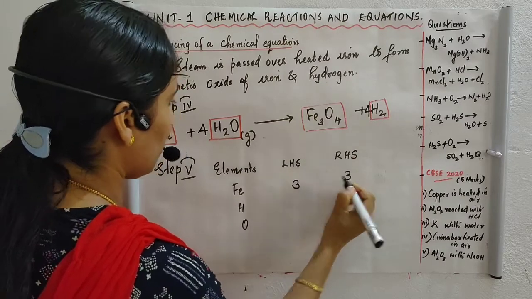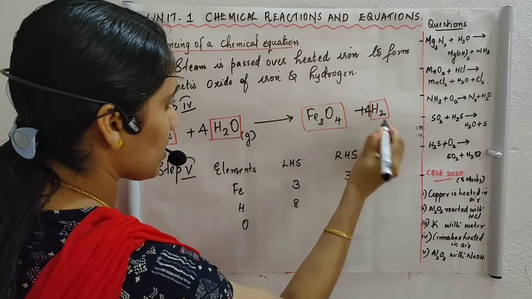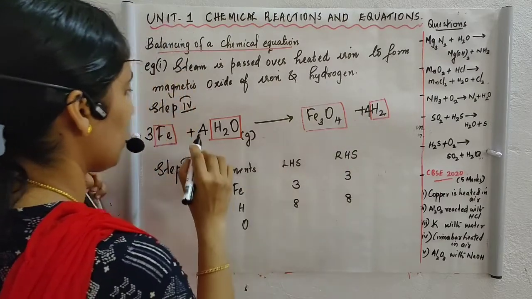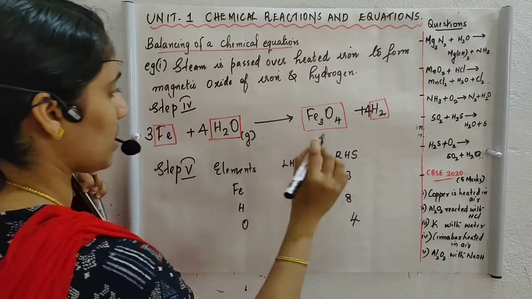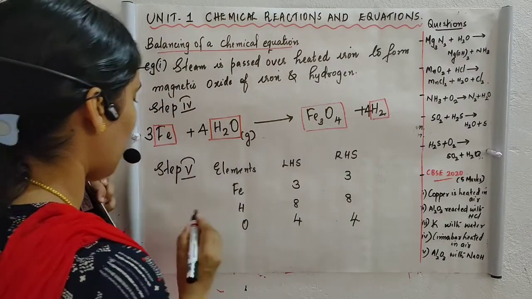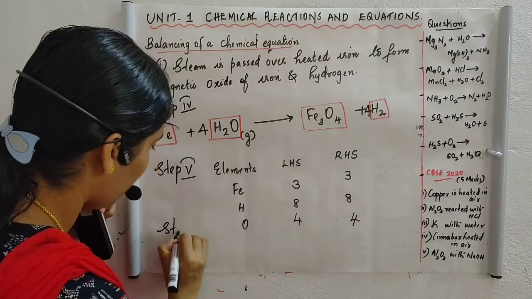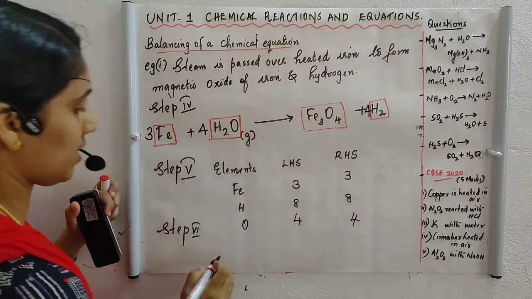Here also it is 3. Hydrogen number you can see 4 into 2, it is 8. This side 4 into 2, it is 8. Oxygen 4 and this side also it is 4. The equation is balanced.